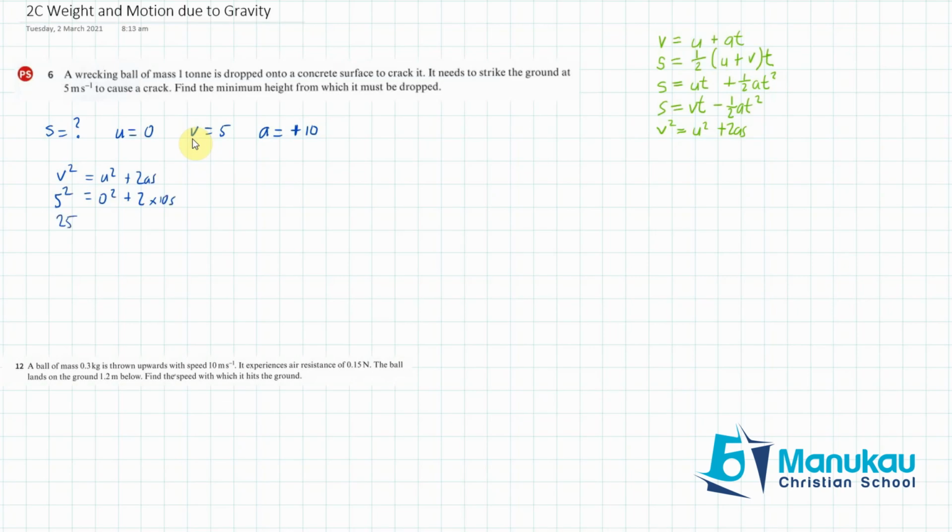So 25 over 20 equals s. So s is equal to 5 fourths or 1.25 meters should be the answer for that one.